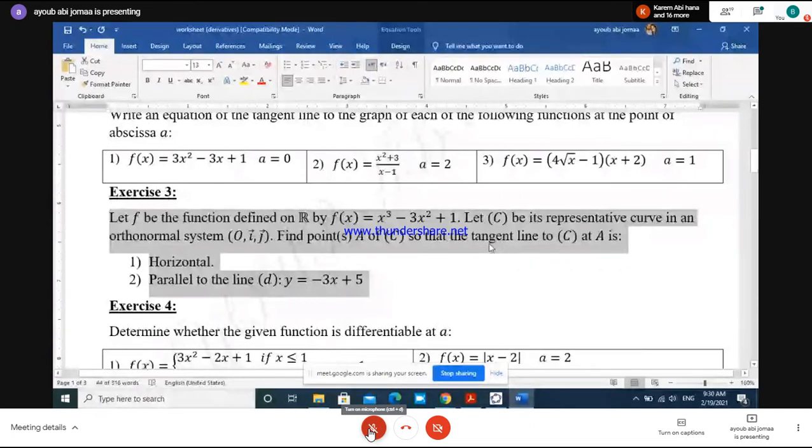So in part 1, if you still remember, we put f prime of x equal to 0. And the second one, we put f prime of x equal to negative 3, because the tangent slope is the derivative. The derivative equals negative 3 because the line is parallel to that. Why did we put the derivative equal to negative 3? Because it is the tangent line. The slope is the derivative.